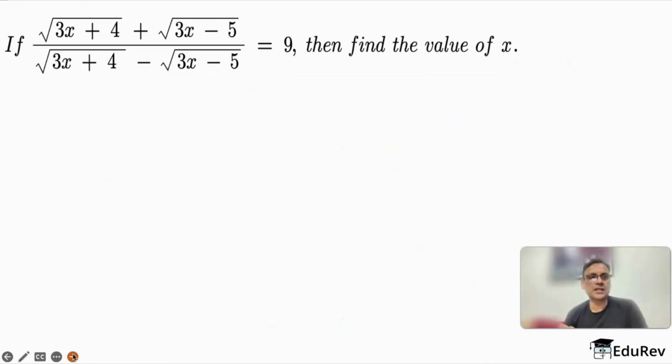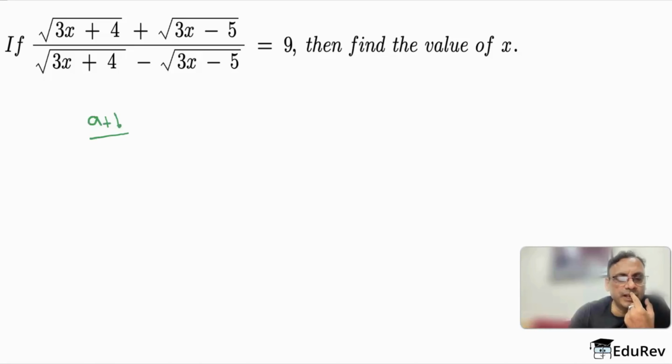Let's say we have this question. Looking at this question, which property should we be using? Componendo dividendo? Yes. But one thing you might get confused about, you might think that this is of the form A plus B upon A minus B is equal to 9.